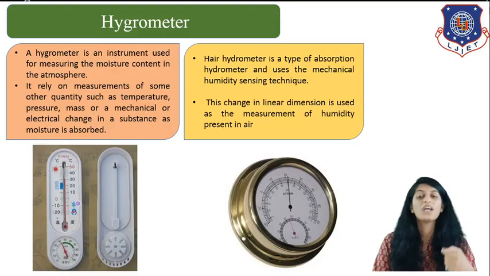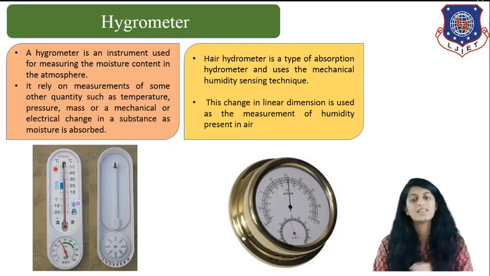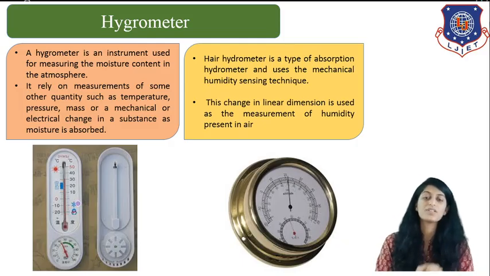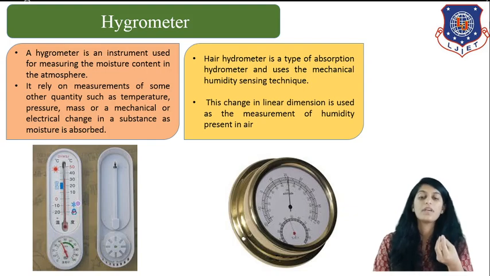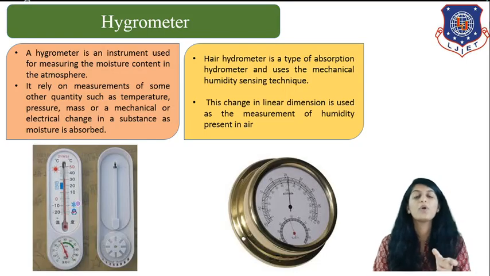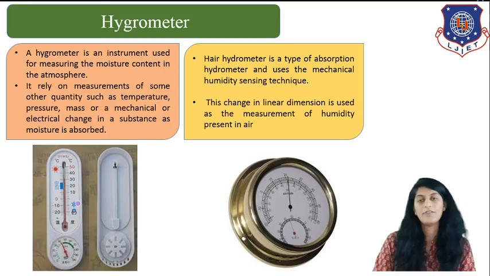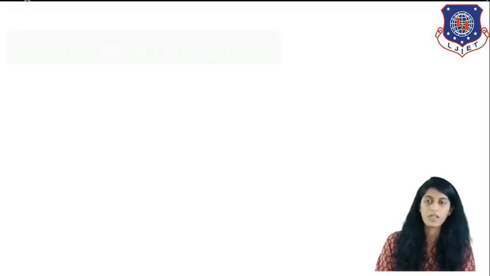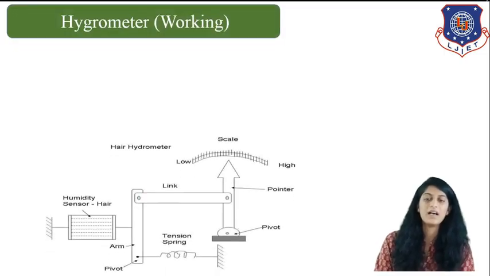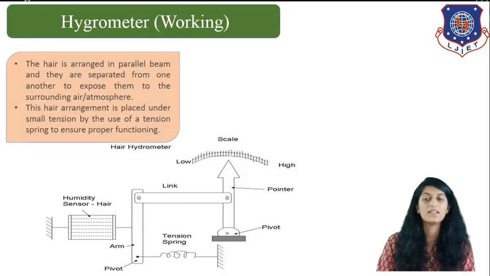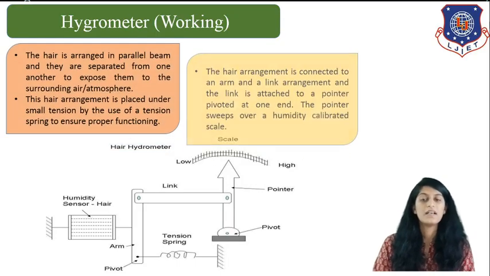What it actually does is change the linear dimensions of the material we are using, that is hair, and then we convert that change and determine the value of humidity. So let's see a sketch of the hygrometer and consider its working.